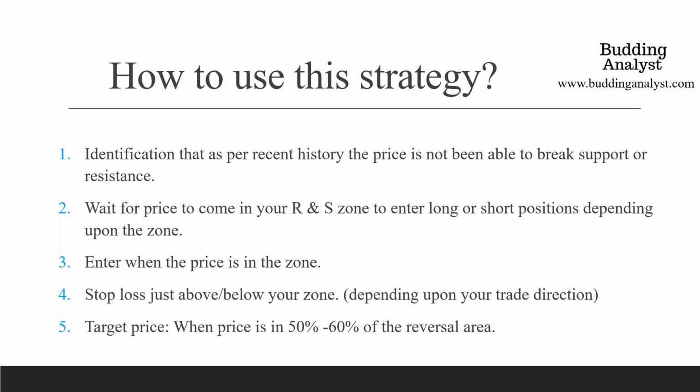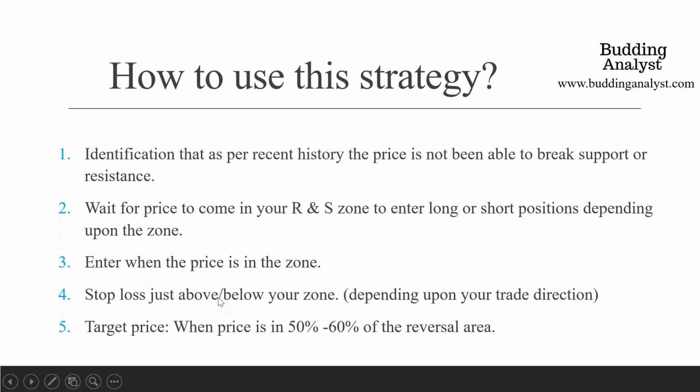So you decide on your support or resistance levels, and suppose you've created them, so now you have your support and resistance levels and zones created. Then you wait for the price to come into your support or resistance zone to enter a long or short position. When it's in your support zone, you enter a long position. When it's in your resistance zone, you enter a short position. Then enter when the price is in that zone.